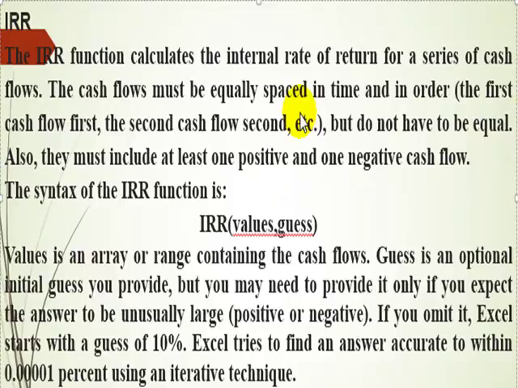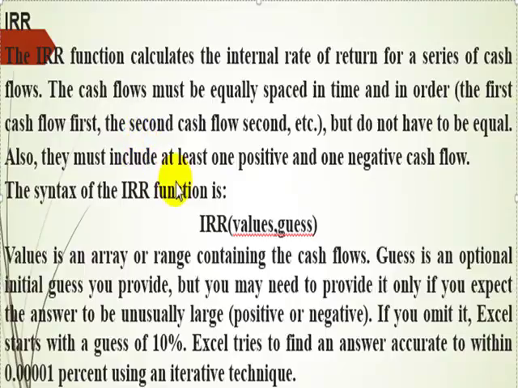The first cash outflow has to be the first in the analysis. The second cash outflow has to follow. The third cash outflow has to follow. The order in which the cash outflow occurs has to be used in performing the analysis. Also, the time and the order in which the cash outflow occurs are very, very important.